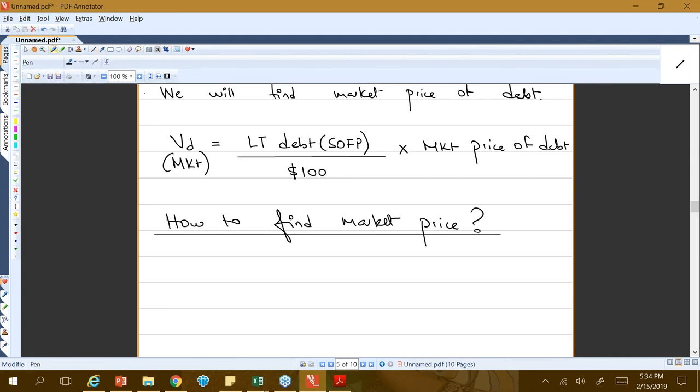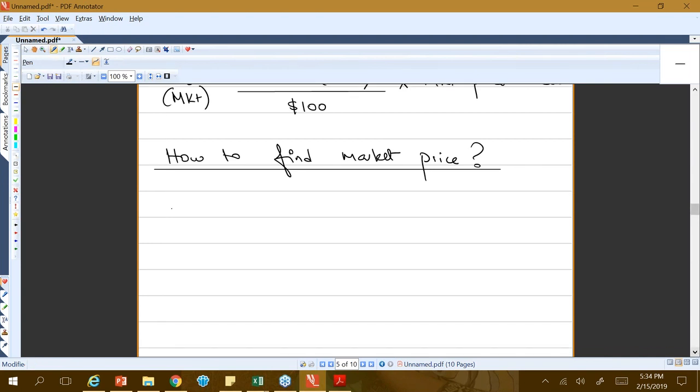Well, it is not very difficult really, because what we're going to do is find it by discounting future cash flows of debt at KD.